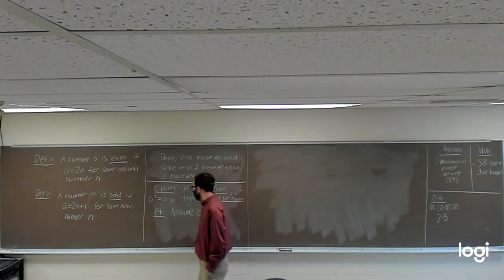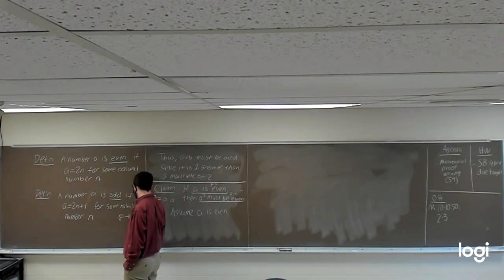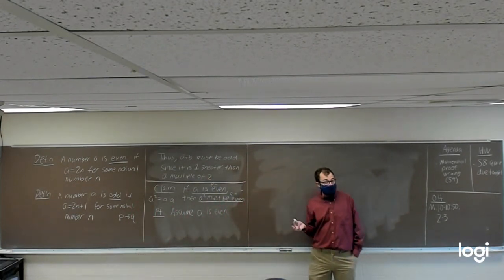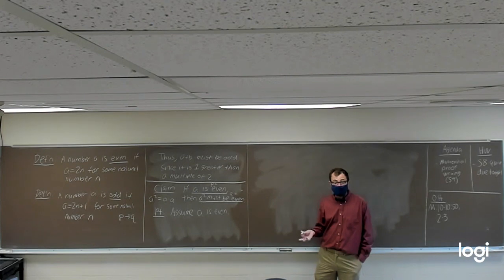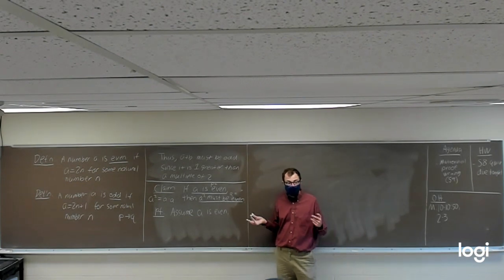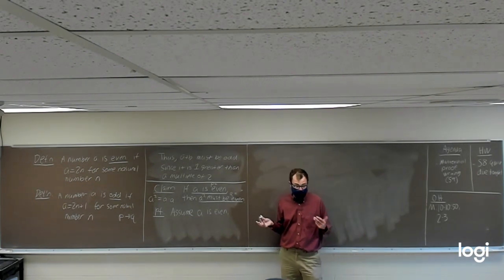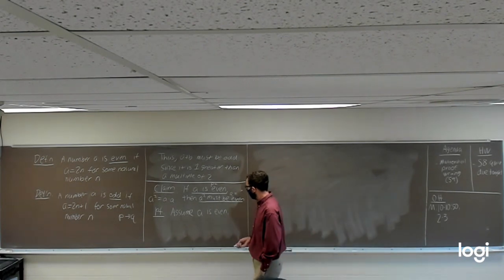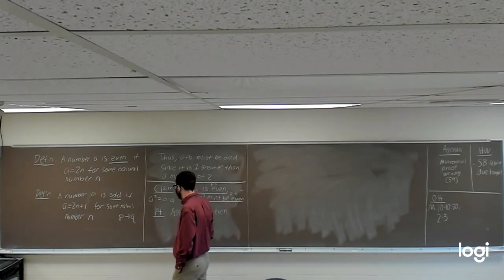And if we're proving something of the form P implies Q, then all that we need to do is assume that statement P is true, and then show that in every situation where statement P is true, statement Q also has to hold true. In other words, we can't have a situation where P is true, but Q is false. So assume A is even.